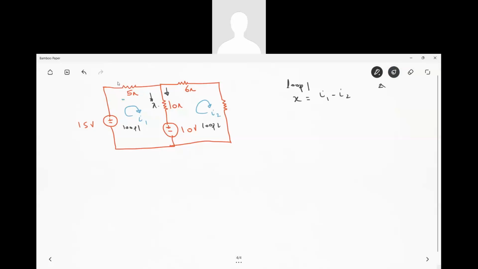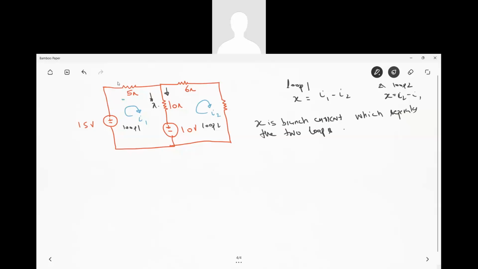And if you are writing for loop 2, then loop 2 current minus the loop 1 current, I2 minus I1. So in short, X is a branch current. Branch current appears when there is a branch which is common between the two loops, which separates the two loops.